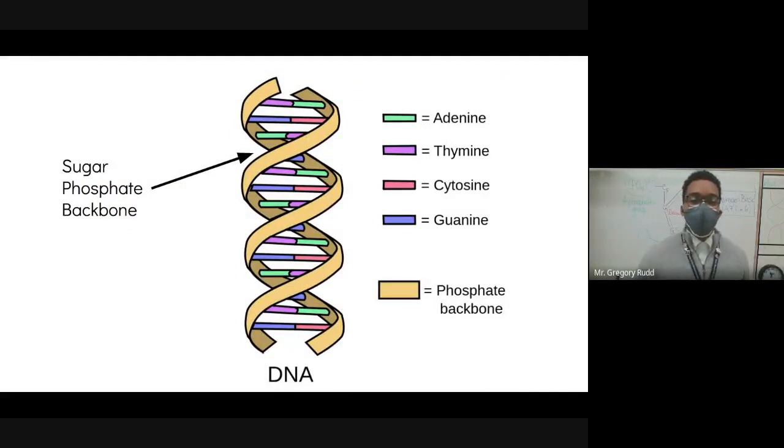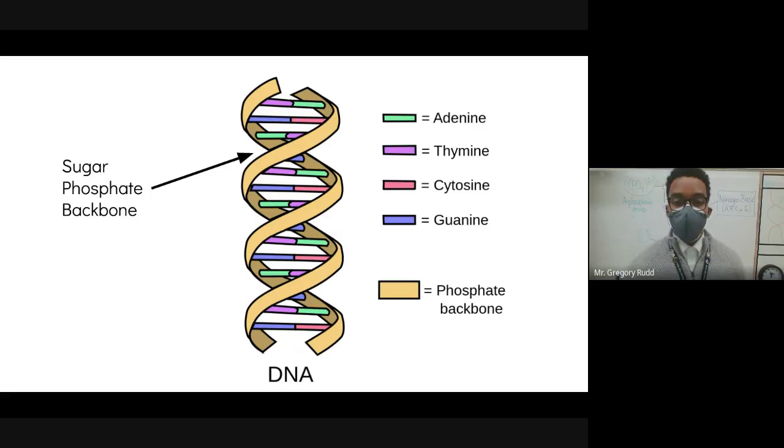All right. So what do we notice here? Let's be sleuths. Let's be detectives. Look at the colors. What are you noticing about the colors of those nitrogen bases in the middle? They're together, and they're together in what way?